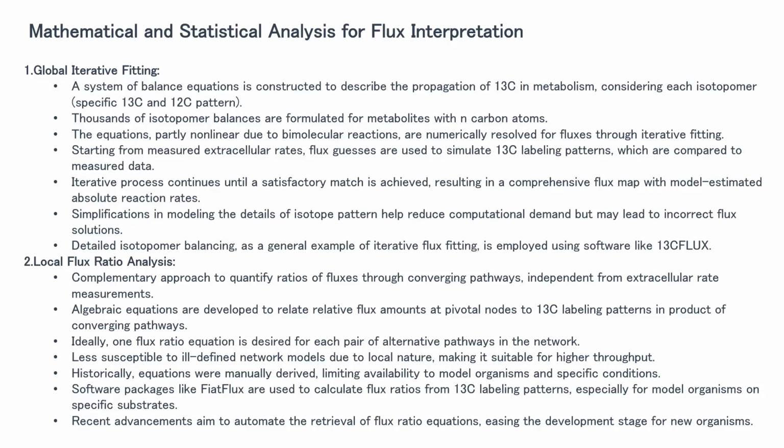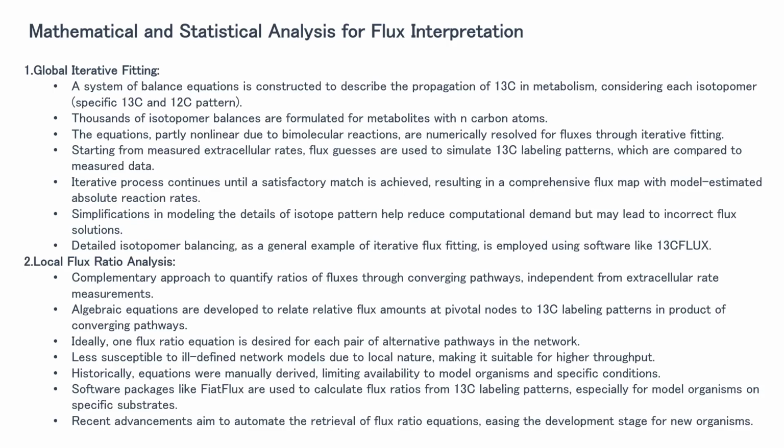Simplifications in modeling, ignoring the details of isotope patterns, help in reducing computational demand, but may lead to an incorrect flux solution. So it is possible that you do not analyze every isotope of the particular atom, in this case carbon. You only look at 13C, not 12C. That can lead to an incorrect flux solution.